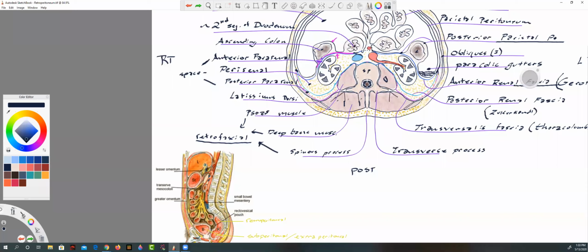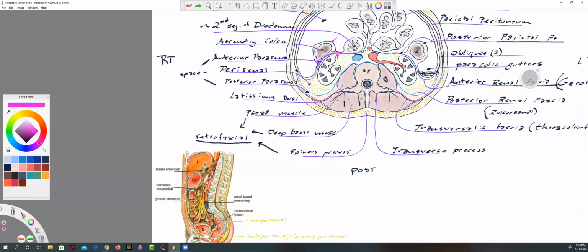Second through fourth parts of the duodenum, so yeah, the duodenum is in the space as well here. Ascending and descending colon. I move stuff around, I'm all confused now. Let's just get this color back.